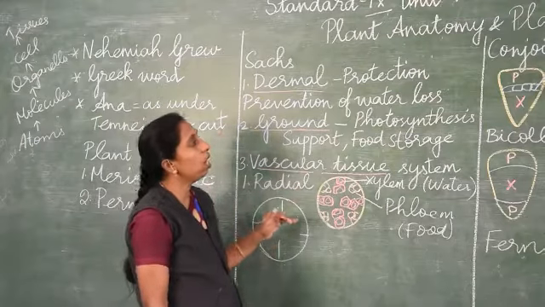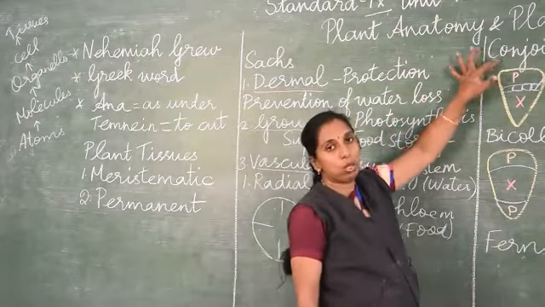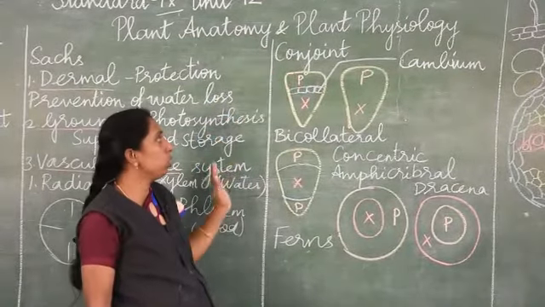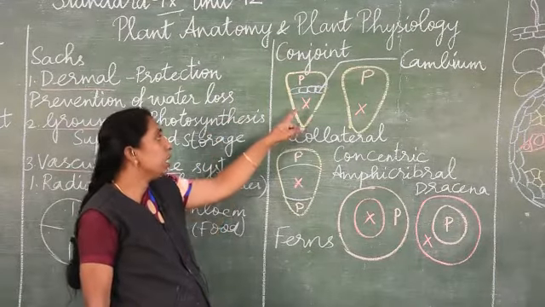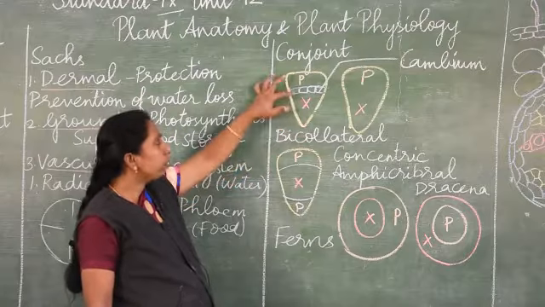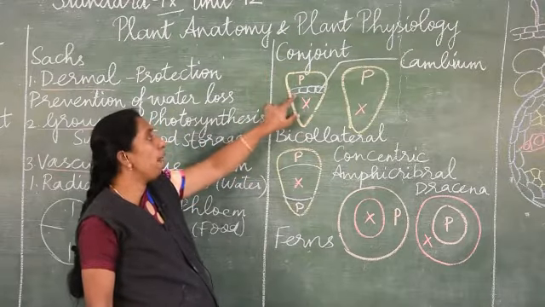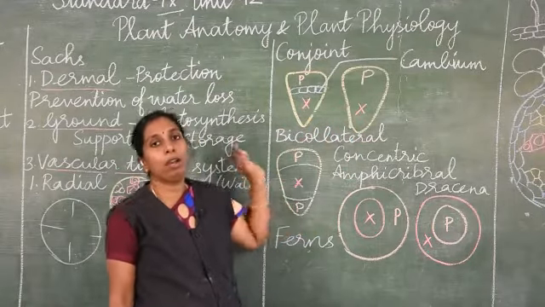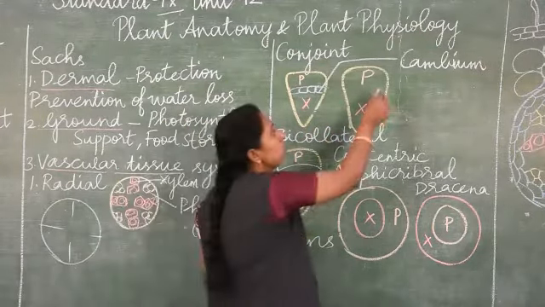Next one is the conjoint vascular tissue system. In this conjoint vascular tissue system, here xylem will be there, and in between xylem and phloem, cambium will be present. Now listen, you have learned what cambium is.